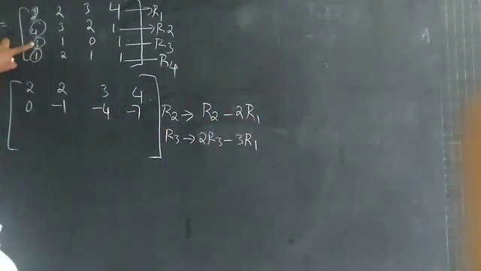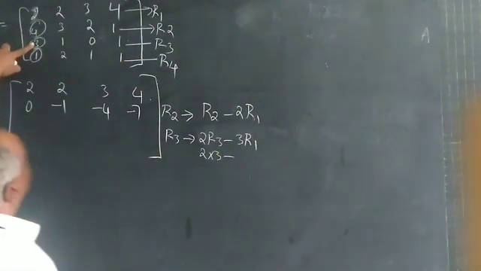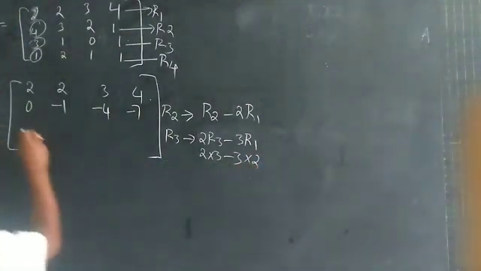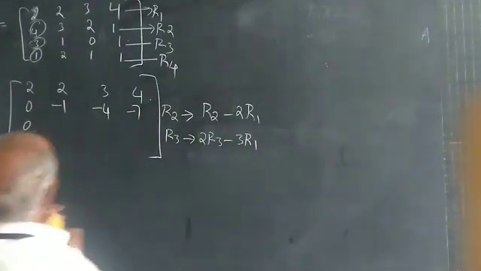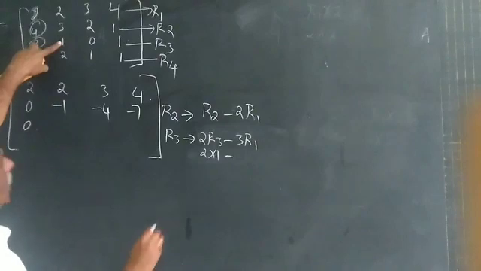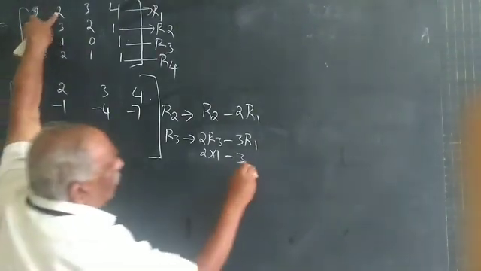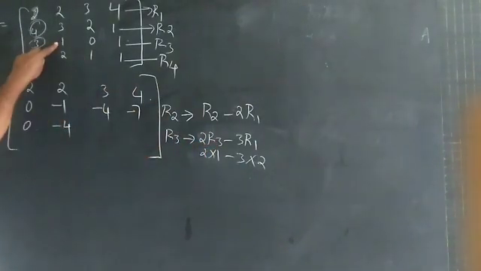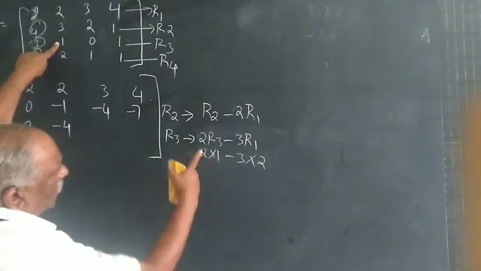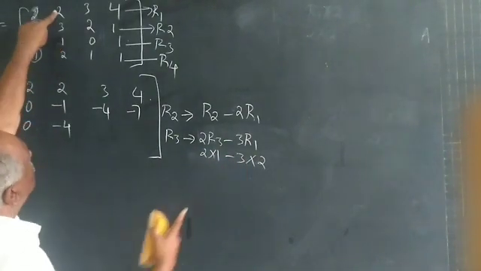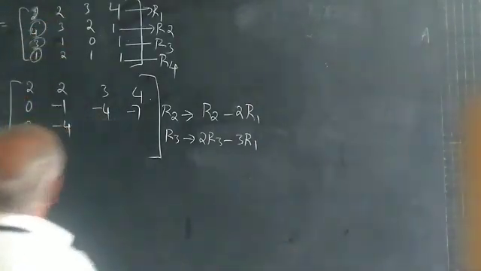Now observe, I am reducing this 3 to 0. 2 into 3 minus 3 into R1, and R1 is 2: 6 minus 6, 0. The next element: 2 into R3, which is 1, minus 3 into R1, which is 2: 2 minus 6, that is minus 4.